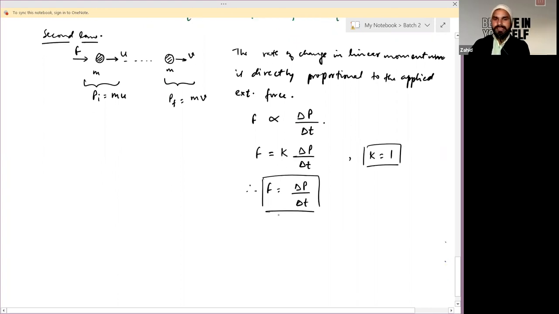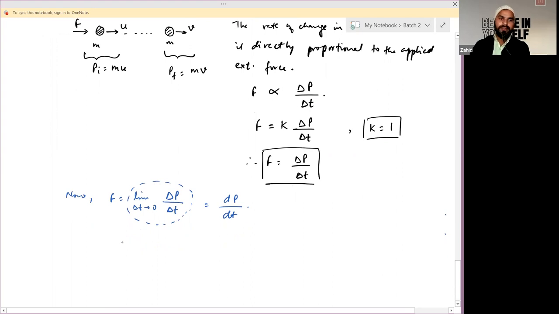Now we have to take the instantaneous value of this particular term. So F equals limit delta t tends to 0 of delta p over delta t. This whole term is nothing but differentiation of p with respect to time, so it will become dp over dt.